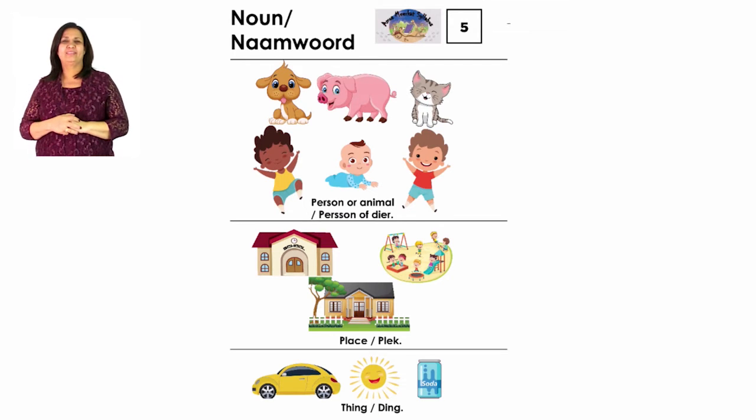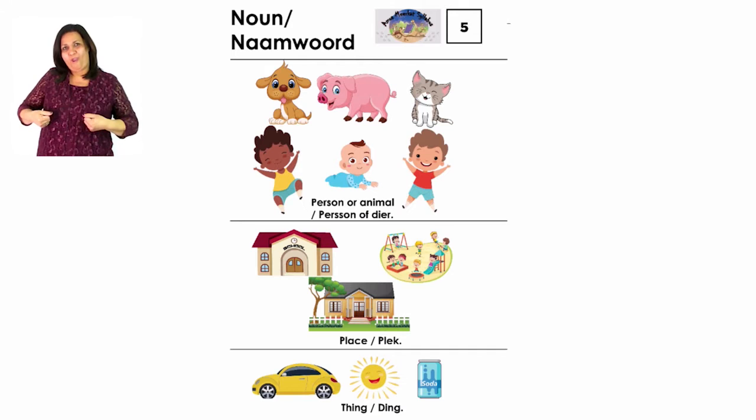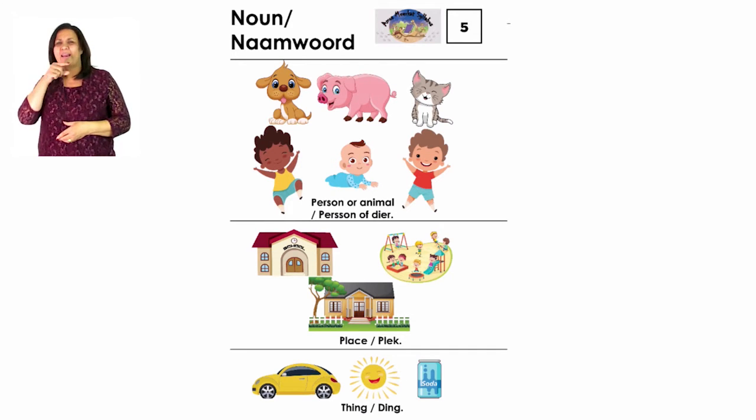Now let's look at the pictures in the second row. What can we see? There is a girl, a baby, and a boy. And these are names of persons or people.